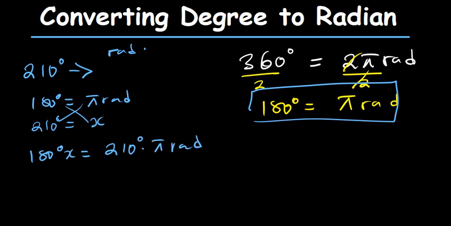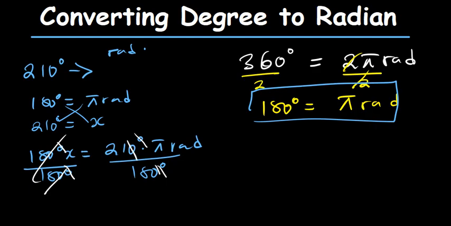So I can divide both sides by 180 degrees. Now the units, degrees and degrees, will cancel, and the 0 and 0 can go. Now I've got 21 divided by 18, and I definitely know there is a number which goes into 21 and 18, which is 3.